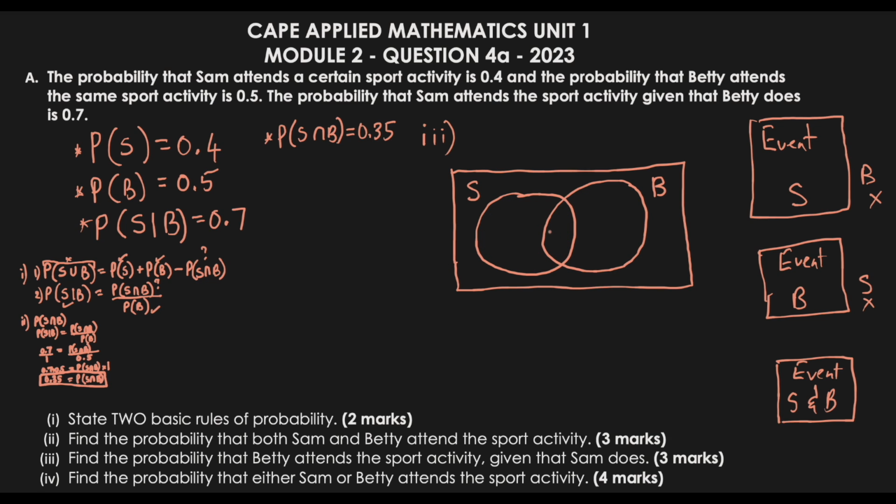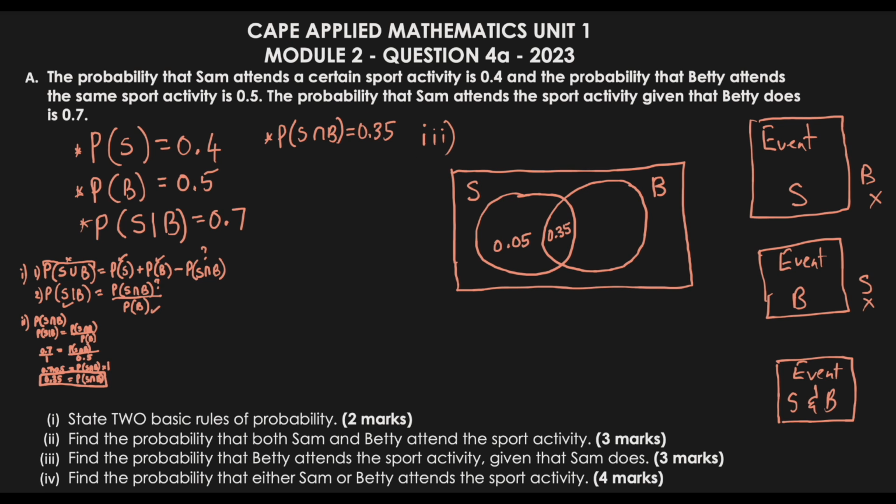So we know this is 0.35, and inside this section here is 0.4 minus 0.35, which is 0.05. So we know that this piece here is 0.05. Now both of these add up back to 0.4. Okay, so that means the whole probability of S is 0.4.